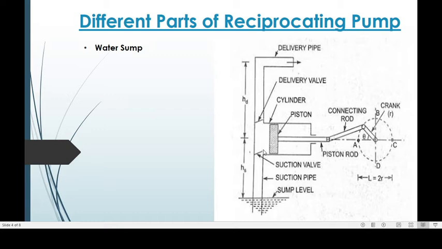Next is the suction valve. This is our suction valve. This suction valve is a non-return valve, which means it can take the fluid from the suction pipe and send it to the cylinder, but cannot reverse the water back.